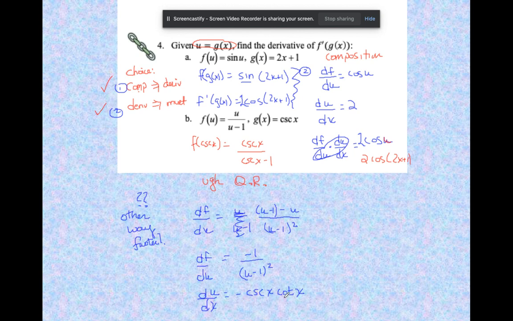And now I'm just multiplying these two together, right? df du times du dx is df dx, the derivative of the composition with respect to x. And what is that? Negative 1 times negative this gives me positive that, over u minus 1 squared. But what is u?